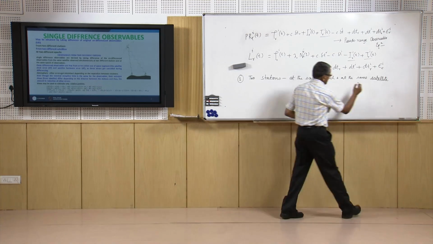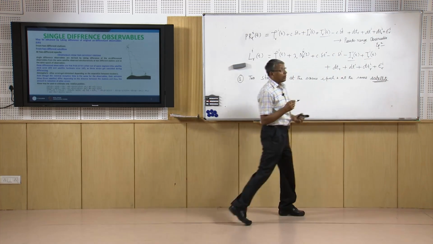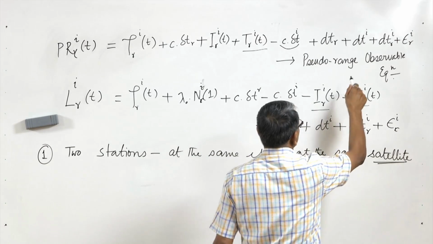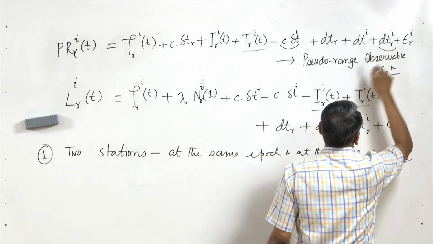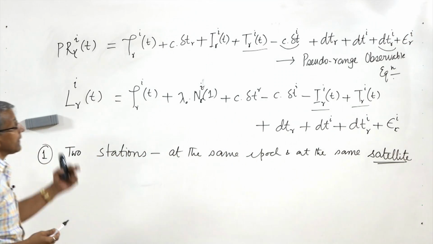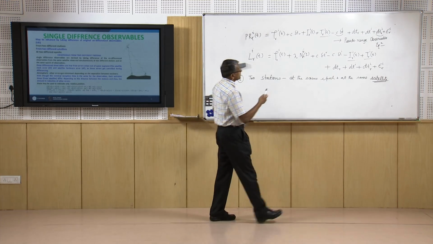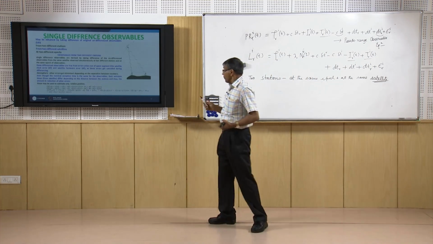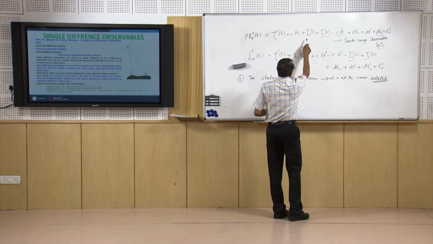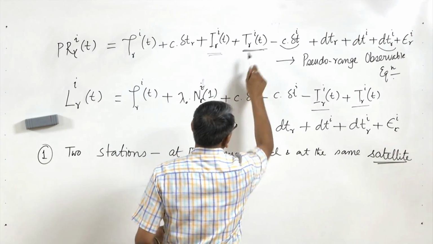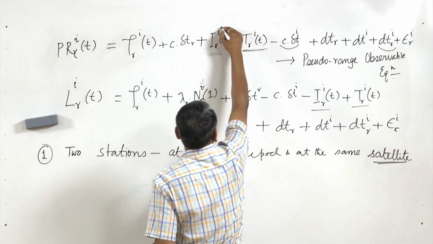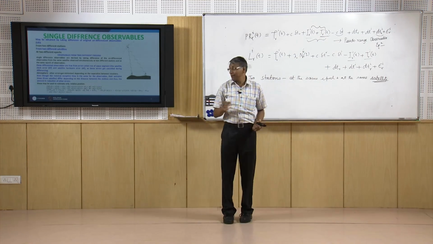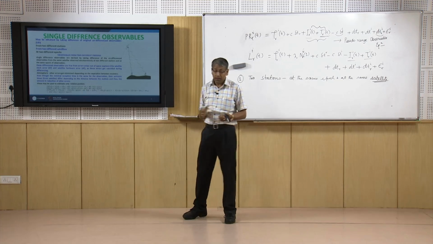When the observables are from the same satellite, it is expected that the satellite clock error and the satellite hardware error will be identical in both cases and will be minimized or removed. For other errors like the ionospheric error and tropospheric error, these atmospheric errors will be minimized or removed depending upon the distance between the receivers.